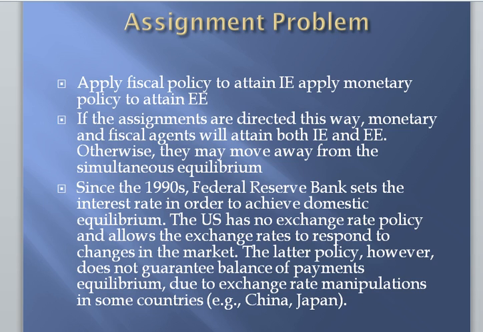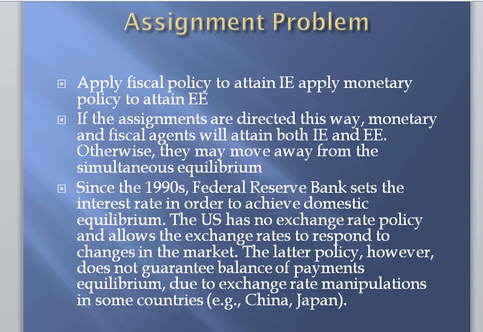Apply fiscal policy to attain internal balance and apply monetary policy to attain external balance. Balance means equilibrium. Okay. So, apply fiscal policy to attain internal equilibrium and apply monetary policy to attain external equilibrium.